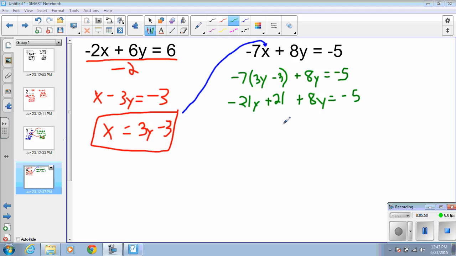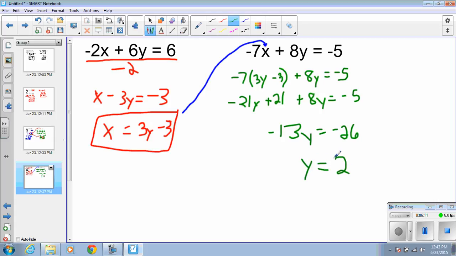Now we combine our like terms, and we get -13y on this side, and subtracting 21 from both sides gives you a -26 on this side, leaving you with y equal to 2.